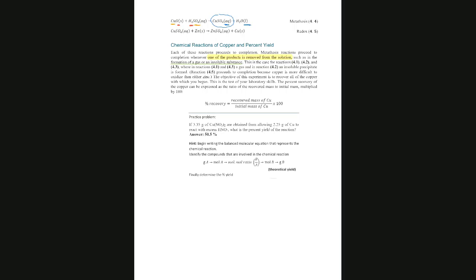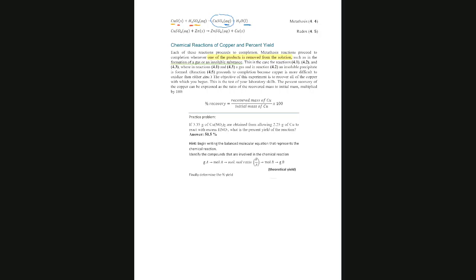What is happening? It's a redox reaction. The zinc metal is more active, we say. What does that mean? It's easier to oxidize the zinc metal than to oxidize the copper.